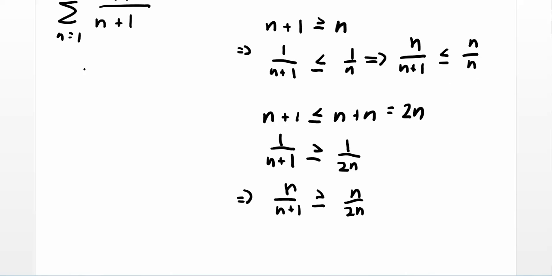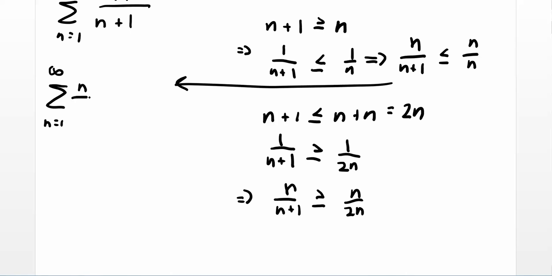So let me write out what I have here. Translating this one to series. N over n is just 1.